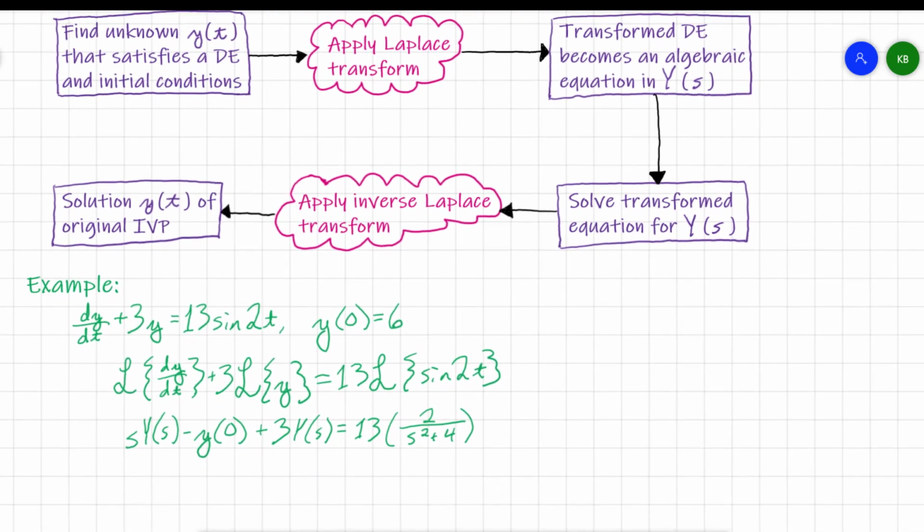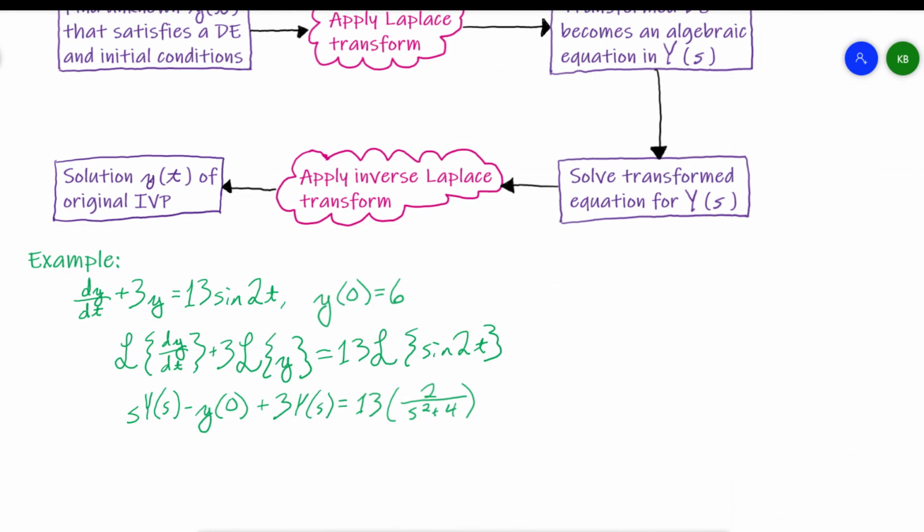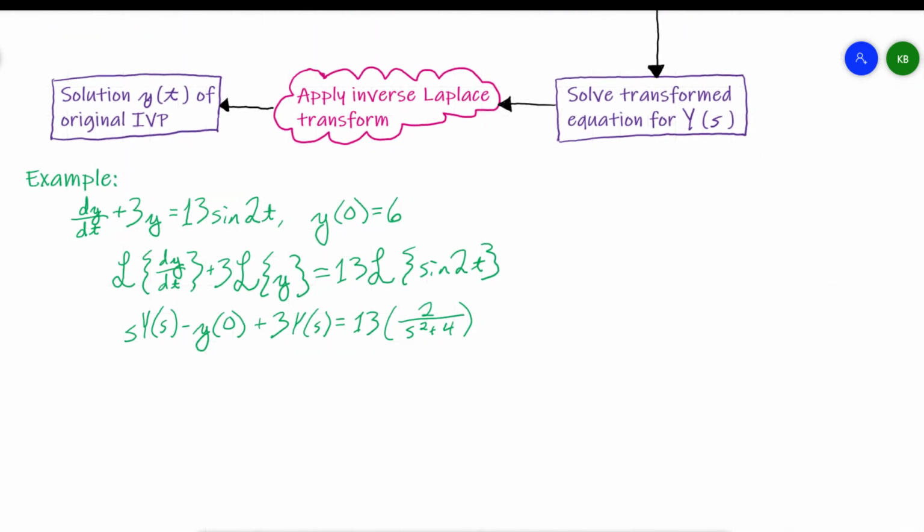So I'm going to solve my transformed equation for capital Y of s. The first thing you might notice is I have this minus lowercase y of 0 in there that's kind of holding things up. Luckily, I know what lowercase y of 0 is. It's 6.